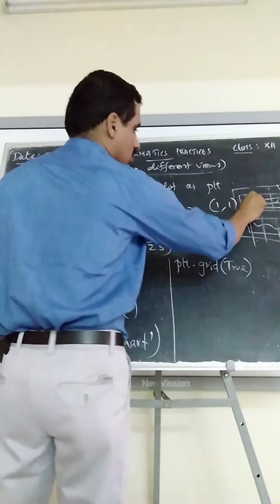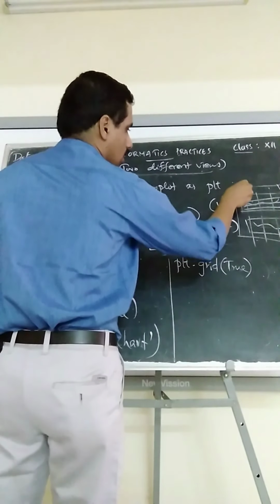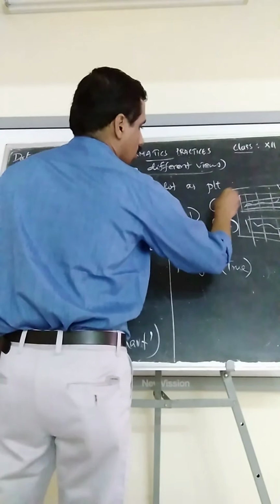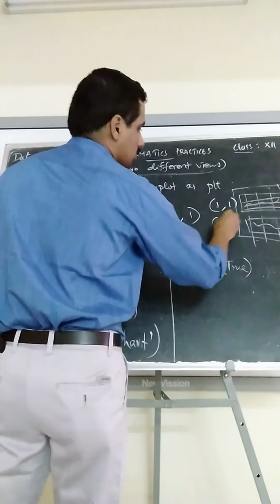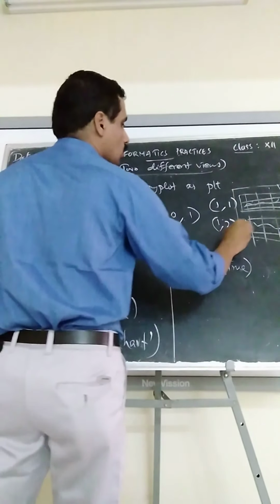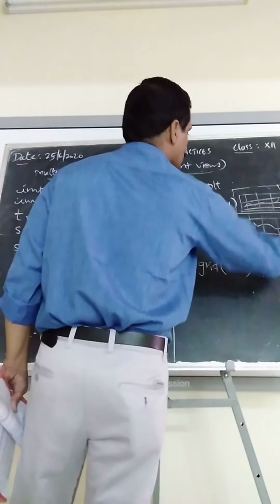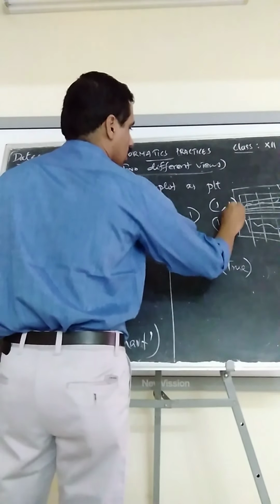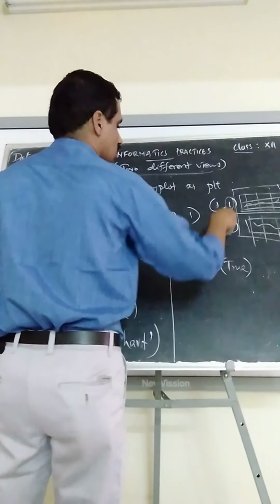First column, first row; first column, second row. So there are two rows actually. This is one row, this is another row. So this part is our second one, and this is the first one. Both are in the same column.